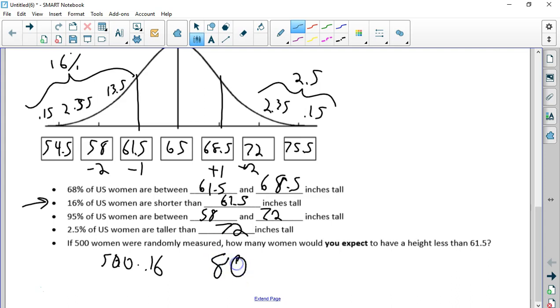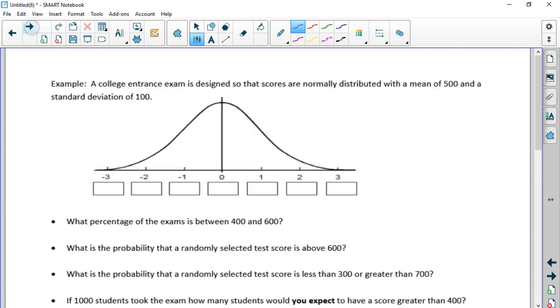So we would expect about 80 women out of 500. All right, as usual, if you need to pause or go back or anything, please do.